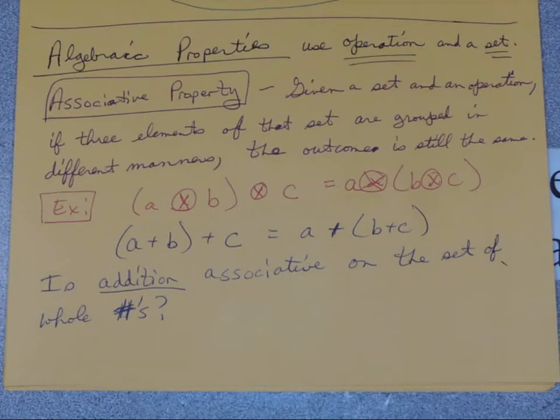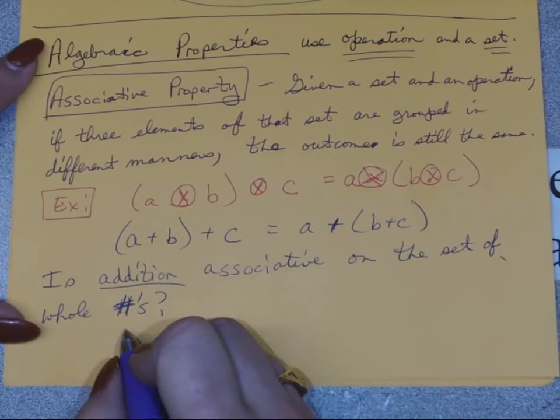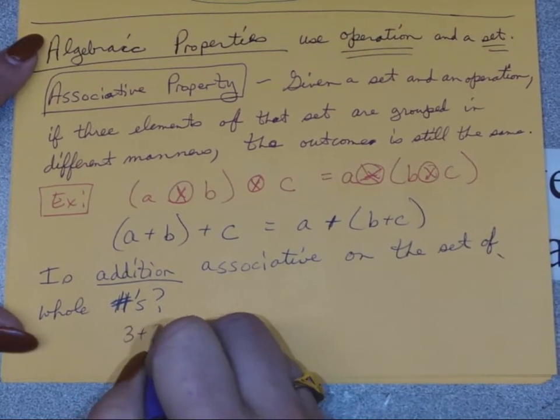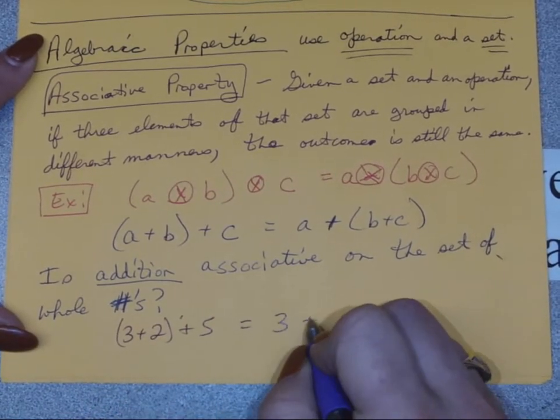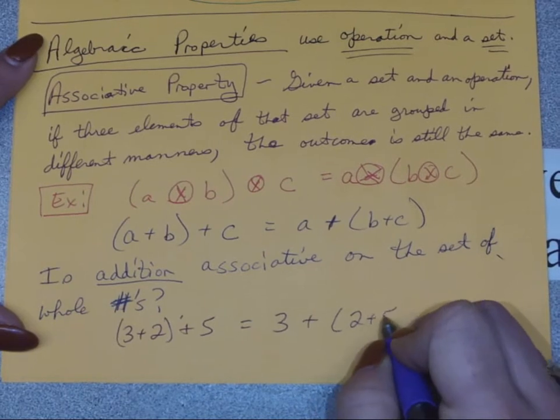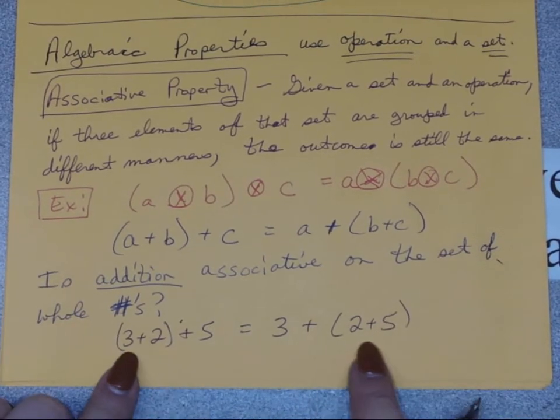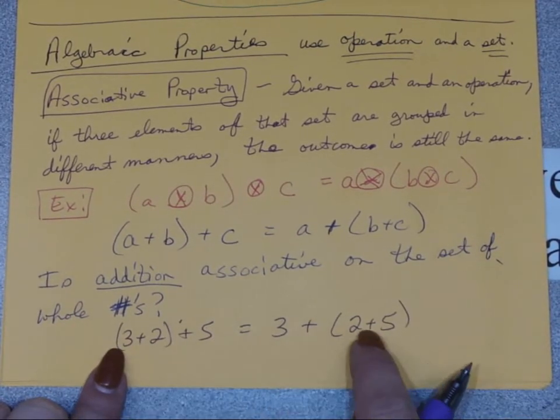And in general, what I would say is you should be looking for what is the counterexample. So what would make this not work? Okay, so for instance, let's just use some numbers here. 3 plus 2 plus 5, and then 3 plus 2 plus 5. Make sure I didn't change the order. It's 3, 2, 5, 3, 2, 5.